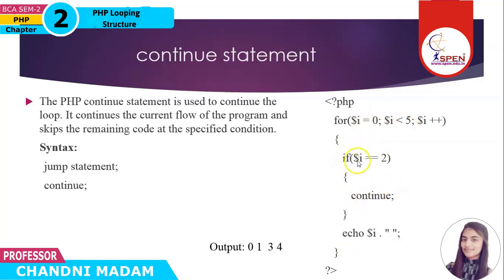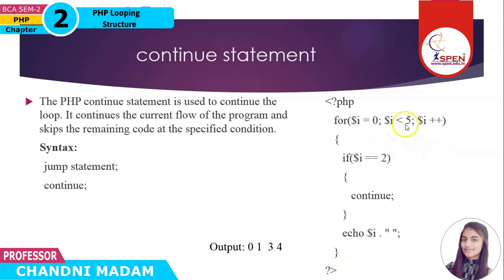Here in the for loop, we have used one if condition. In the if condition, 0 equal to 2 is false. So it skips the if statement and just prints echo $I. Here $I value is 0. So it prints 0. Now I plus plus means 0 plus 1 equals 1.